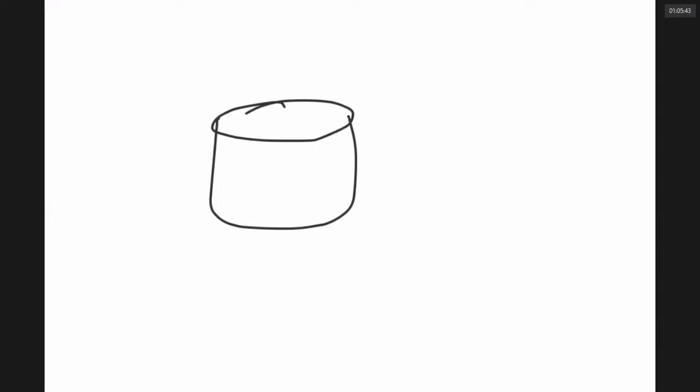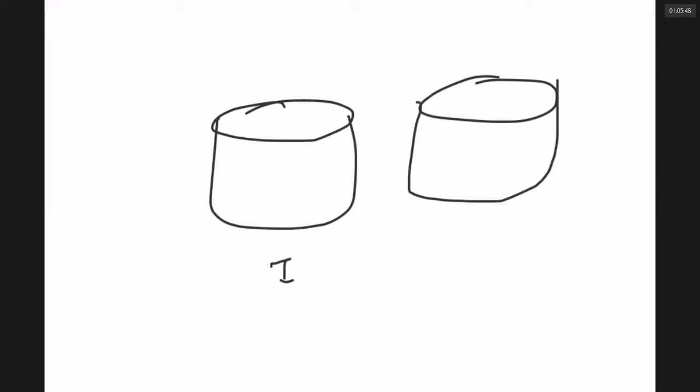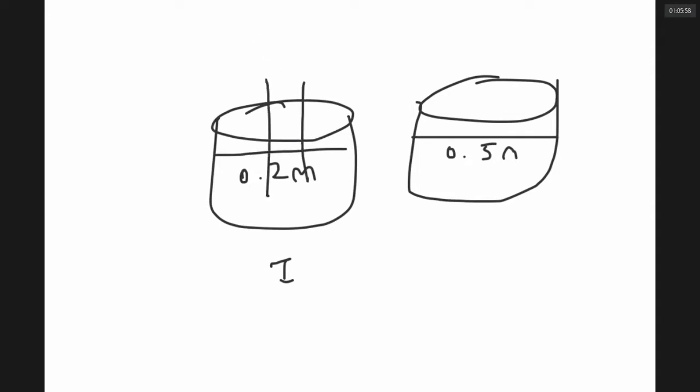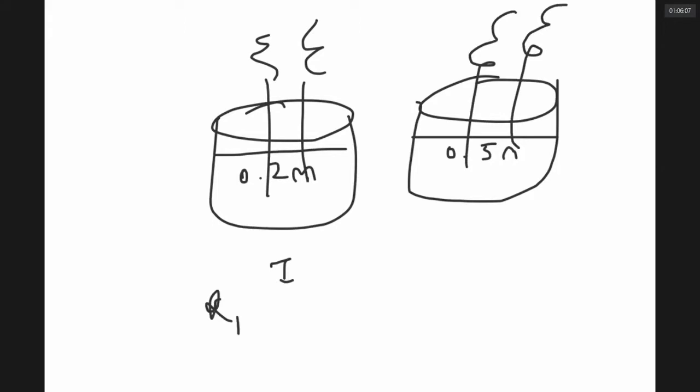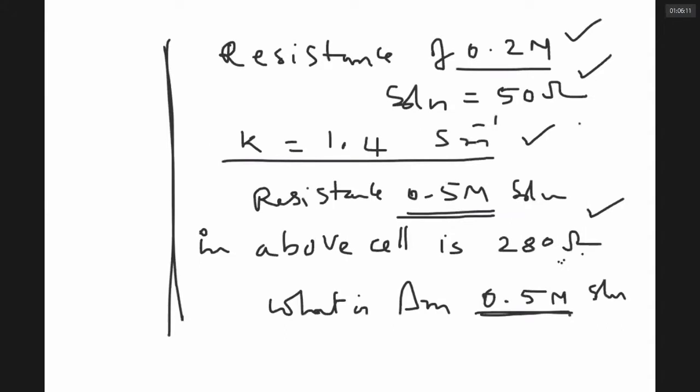I have taken solution 1 and solution 2. It is 0.2 molar, and it is 0.5 molar, in the same volume. When I used resistance here, its resistance is 50 ohms. What is the resistance of the second, sir? 280 ohms.